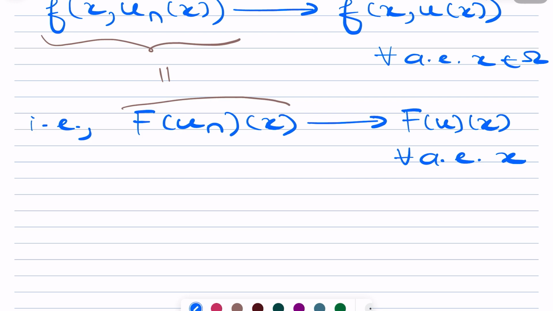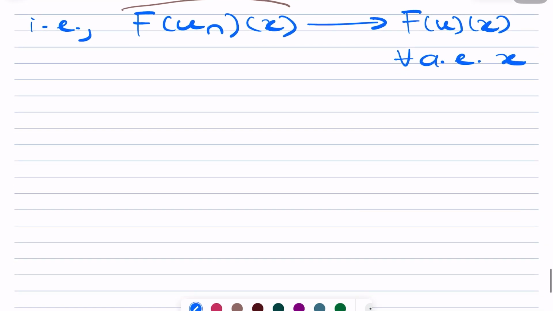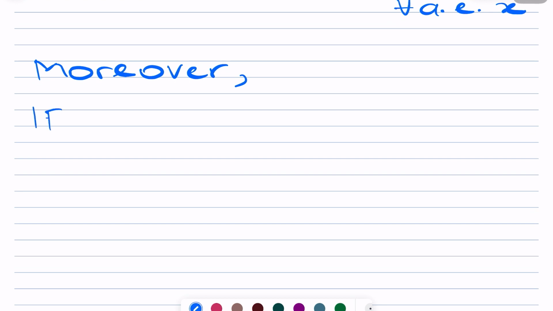Now, our second condition that we need in order to fulfill all the assumptions of the dominated convergence theorem is to show that our sequence f of un is upper bounded by a function that is L1 integrable. Moreover, the absolute value of f of un applied to x is equal to the absolute value of f of x comma un of x.